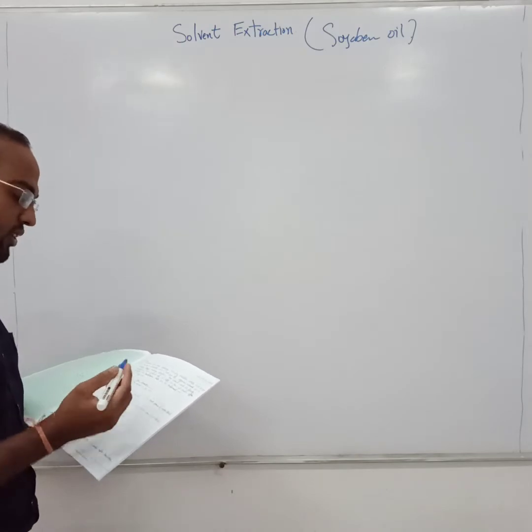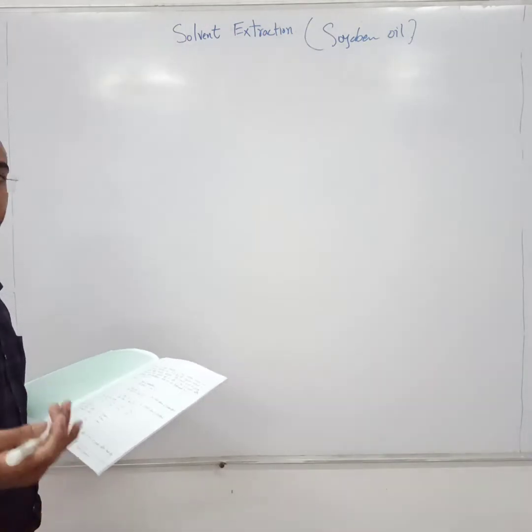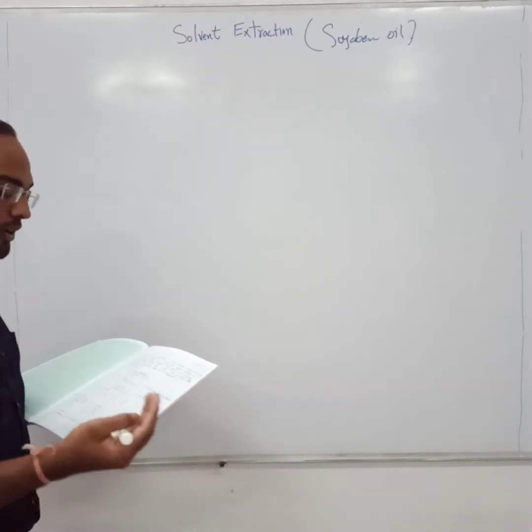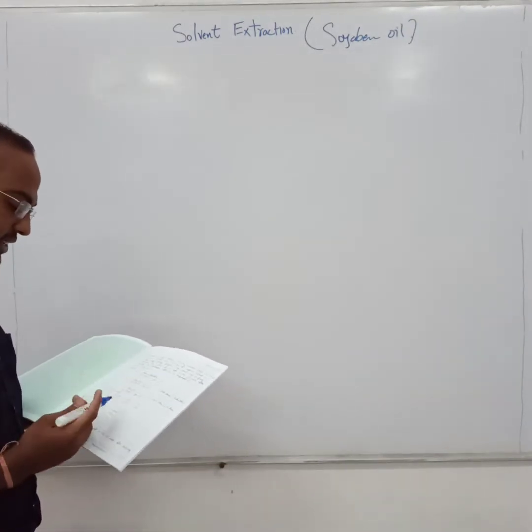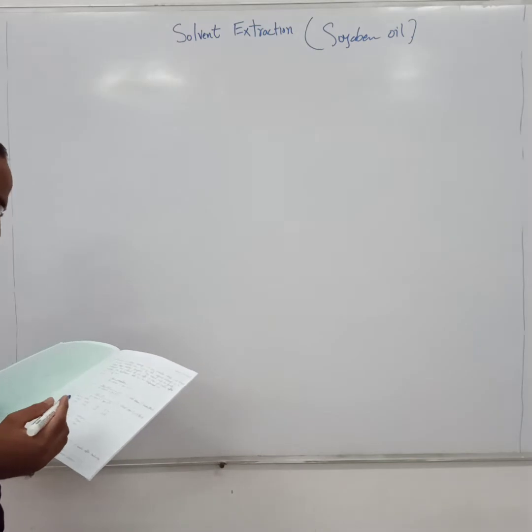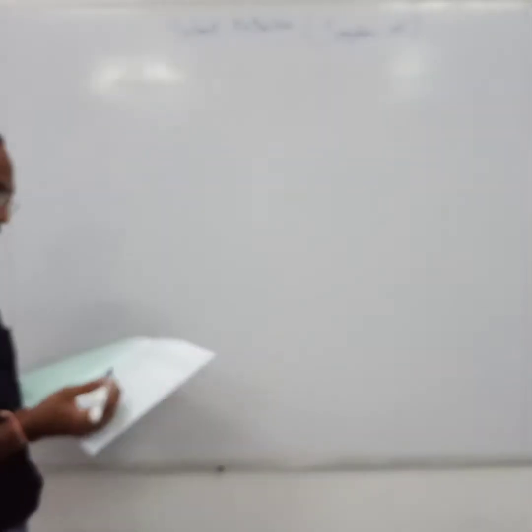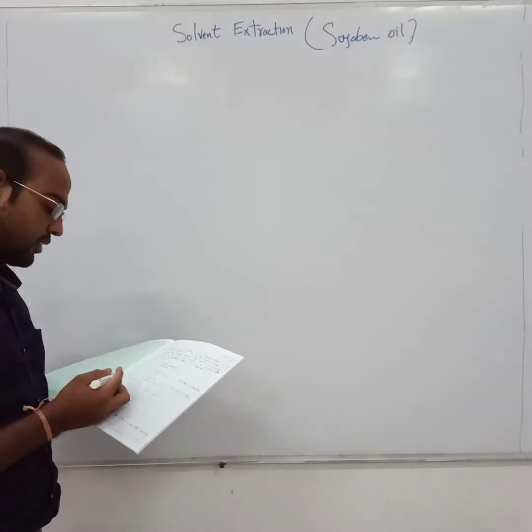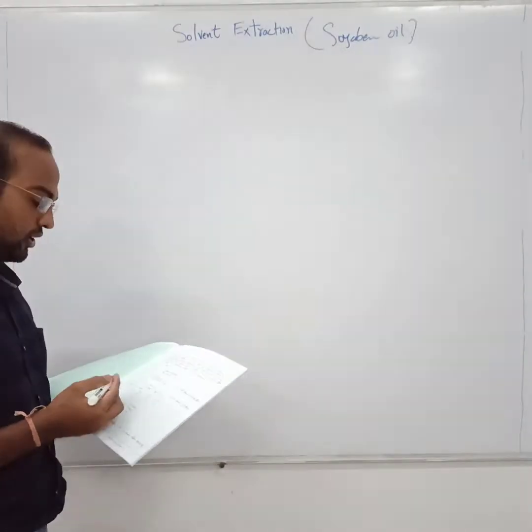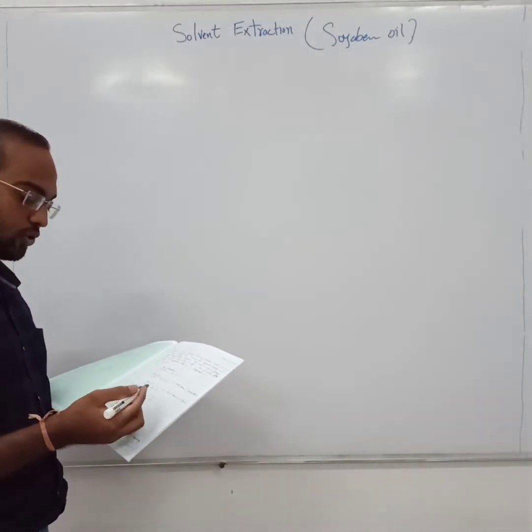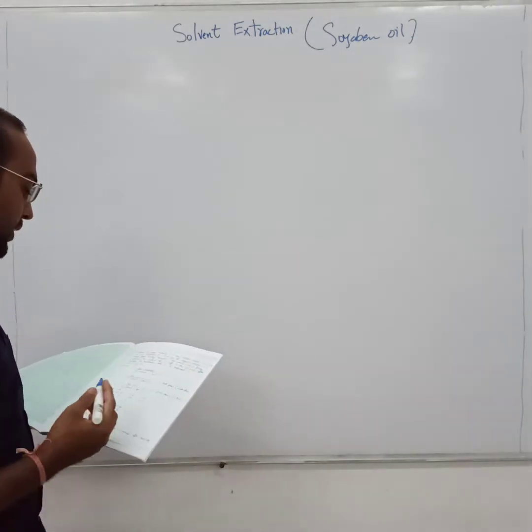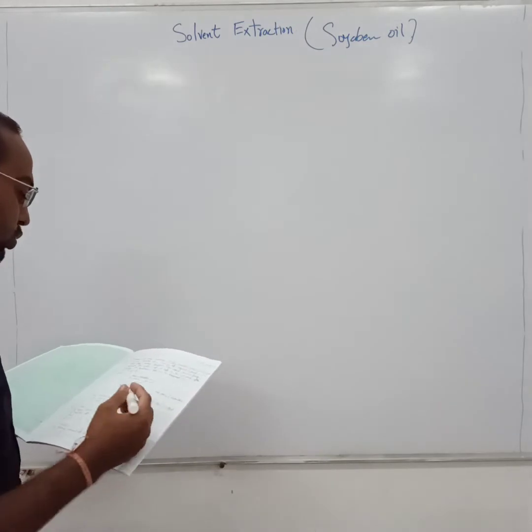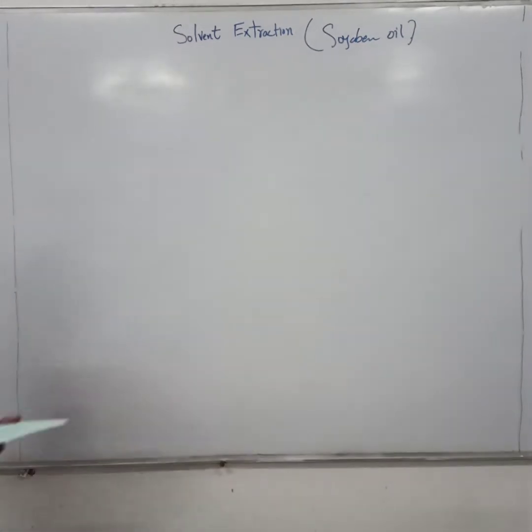Y and X are the amount of oil present in solution in the underflow and the oil present in solution in the overflow, and tie line data is given in terms of Y and X. The values of Y are like 0.26, 0.28, 0.31 and 0.34, and the values of X are 0.02, 0.04, 0.06 and 0.08. Each and everything I will cover in detail. Before that, let's go through the given things.